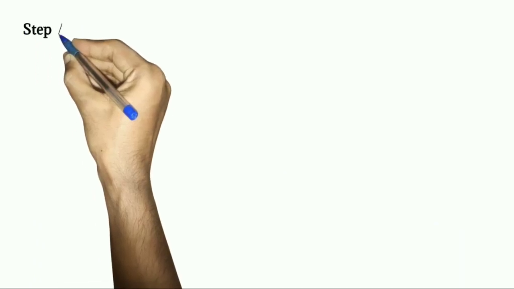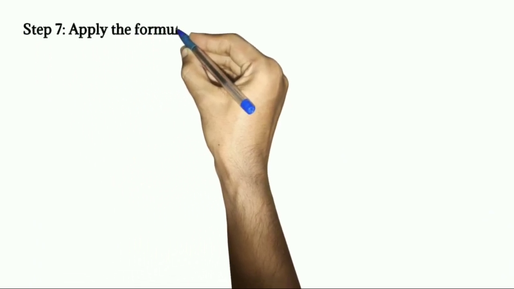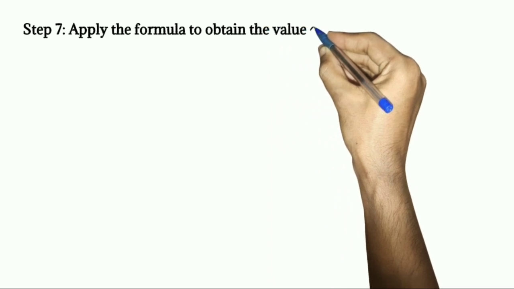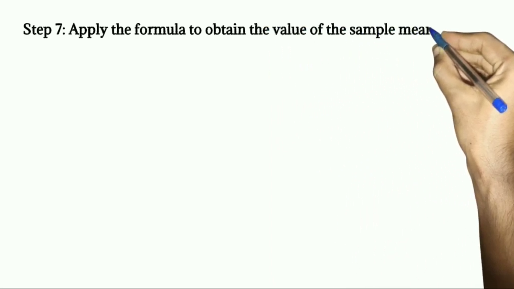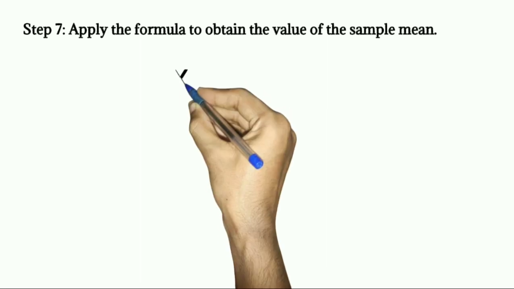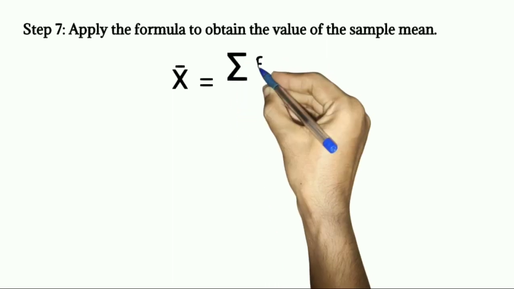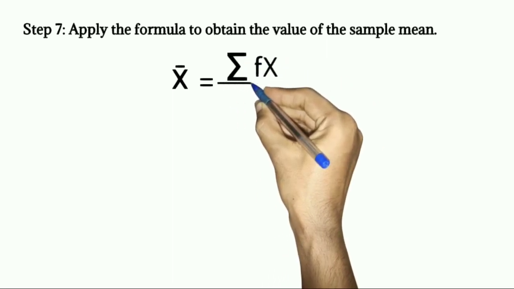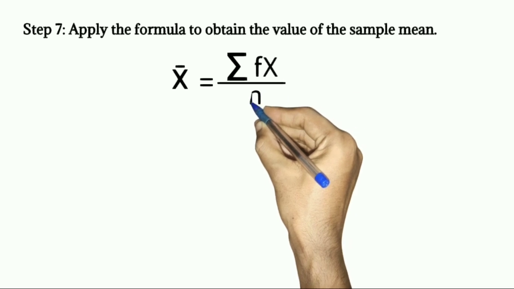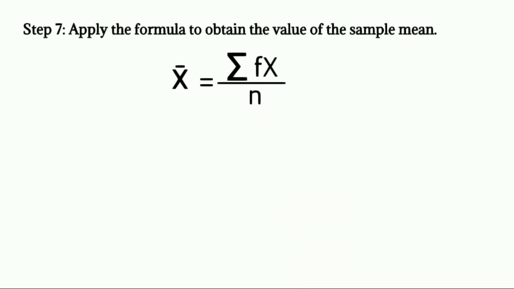The last step is to apply the formula to obtain the value of the sample mean. The formula for sample mean for group data is sample mean is equal to the sum of all the products of f and x's over the total number of values in the sample.